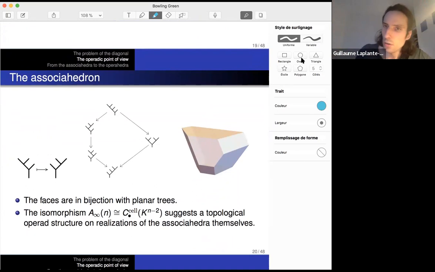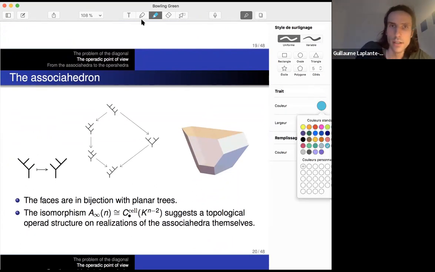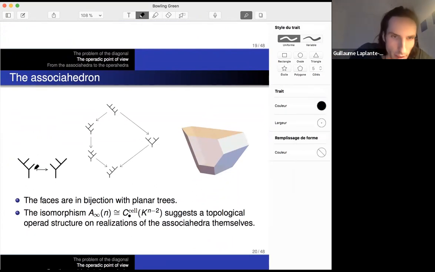So if you take the one-dimensional associahedron, this is just the interval, and you have the left comb on the left, the right comb on the right, and you have the corolla, which is the edge in the middle.